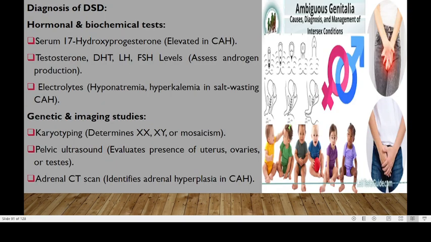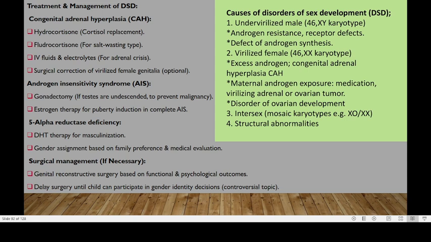We also look at electrolytes, so hyponatremia and hyperkalemia in salt-wasting congenital adrenal hyperplasia. Karyotyping determines XX or XY or mosaicism, and we expect XX to be female, XY to be male, right? Pelvic ultrasound evaluates presence of uterus, ovaries, or testes. Adrenal CT scan will identify adrenal hyperplasia in CAH.